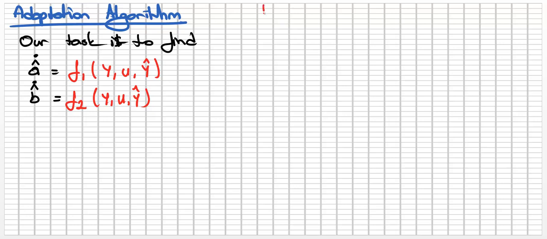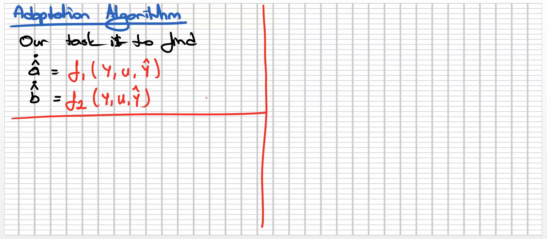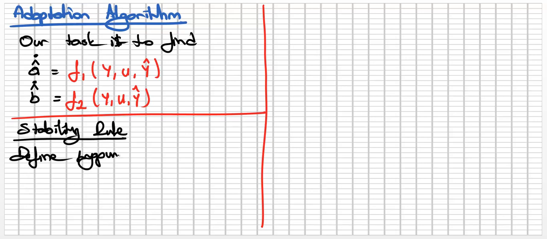Firstly, I split my screen into two parts like this one, and we should establish the stability rule in here, because it's important. If we define a Lyapunov function, with the error values, V is an energy function like this one.